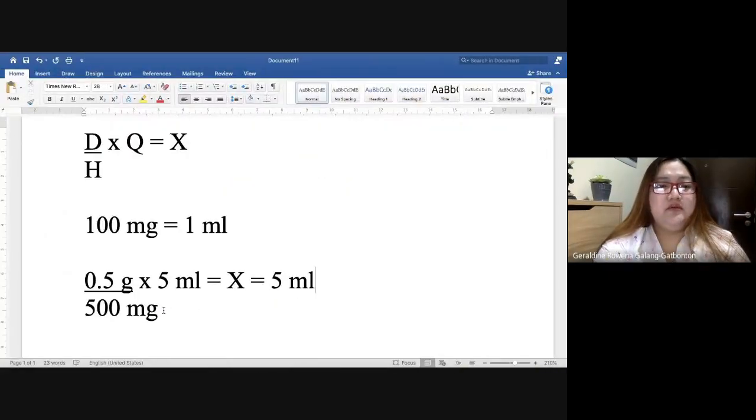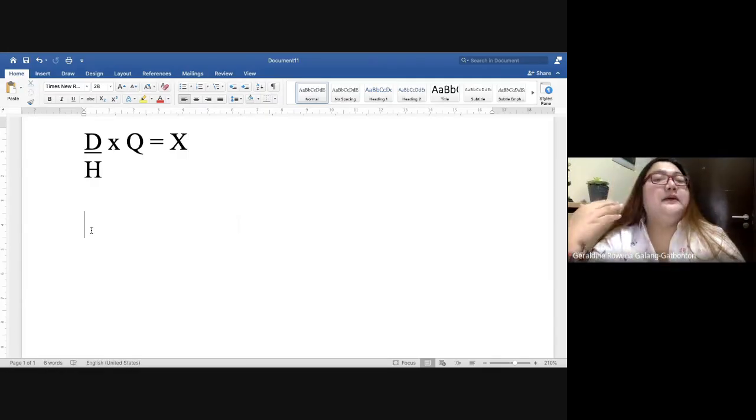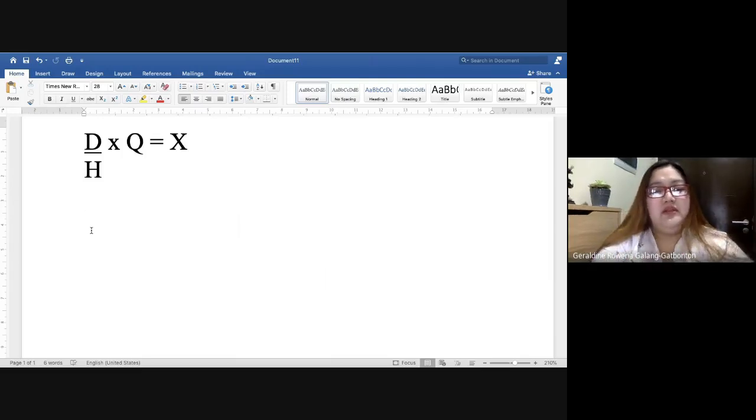So, let's now write here the other formula. So, you have to always get the weight and the volume, no, na gusto mong malaman. Kasi may kino-consider tayo dito na timbang ng bata. Alright, the formula is dosage multiply mo sa bigat.